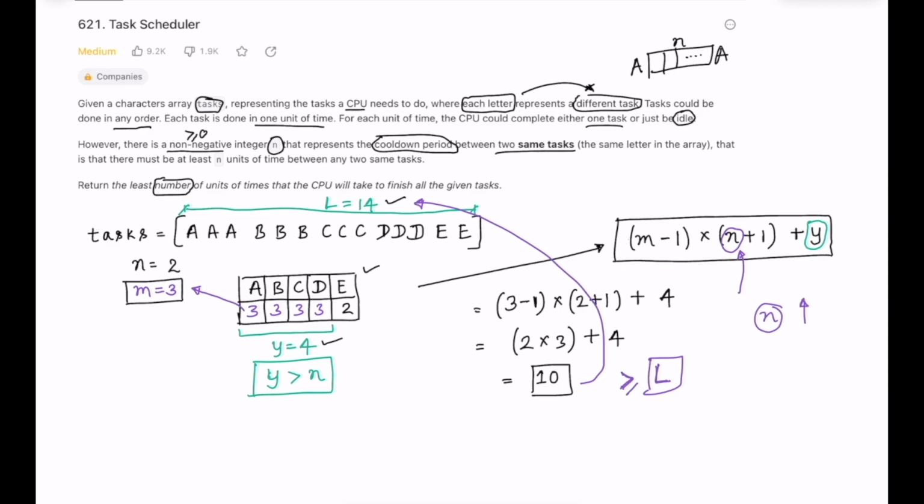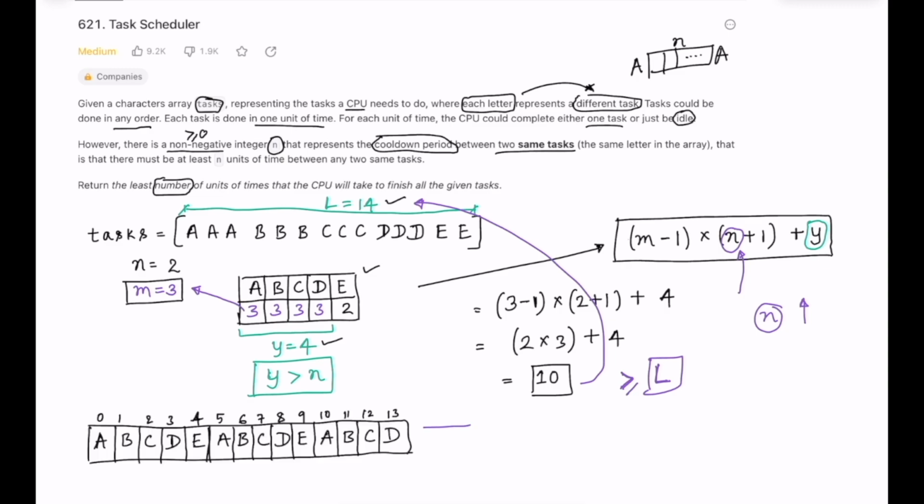For example, the order in which we can execute these tasks is in this order. We are keeping a gap of more than n between two same tasks. The same goes here as well.